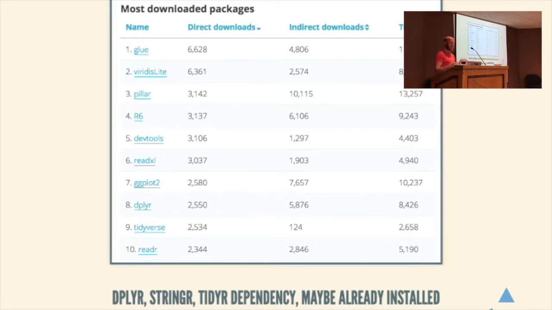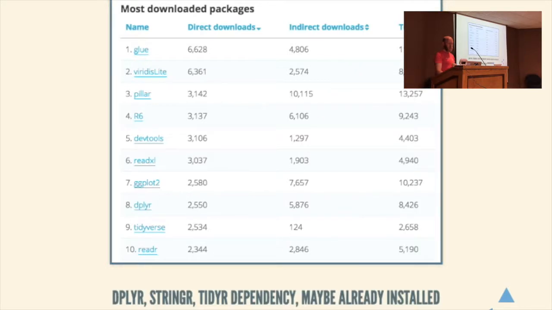I think it's very unlikely that people are running install.packages glue the most out of any package. I think what's happening is glue is a dependency of dplyr, stringr and tidyr, and whatever method they're using to detect direct downloads is not working correctly. But because it is this dependency, it is actually used quite a lot.